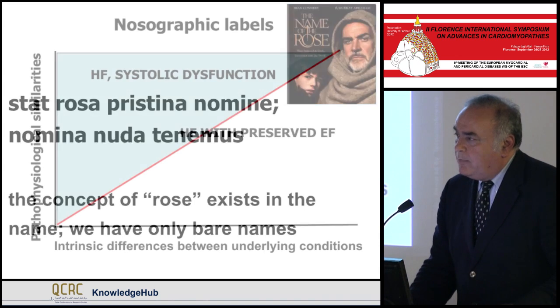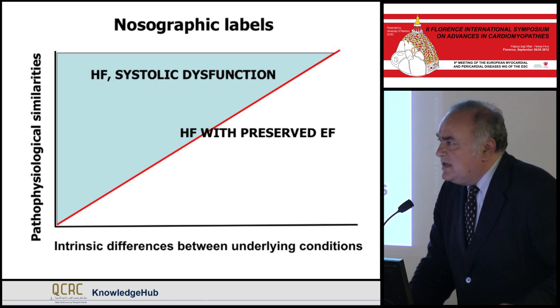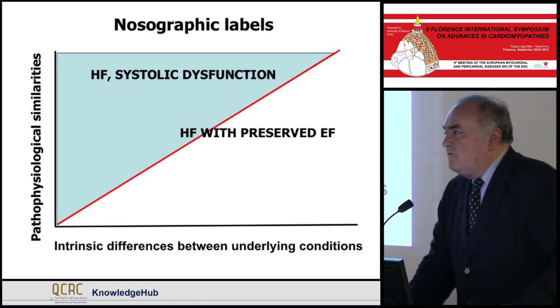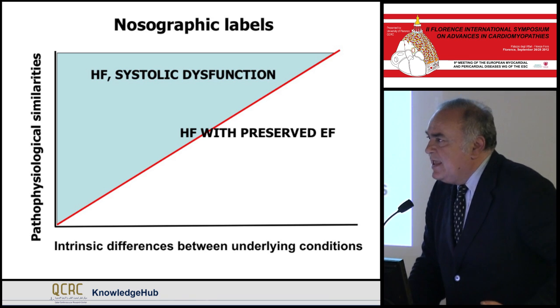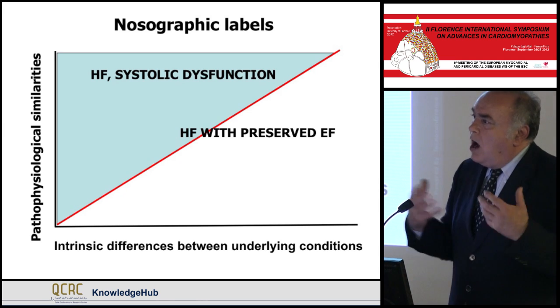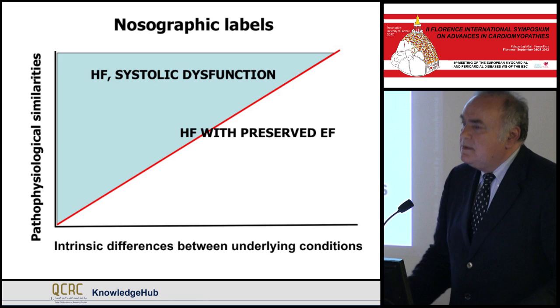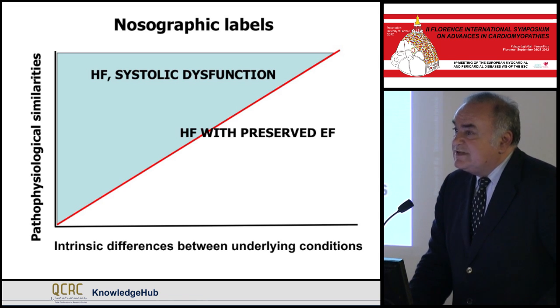For example, if you are really convinced that an entity named heart failure with preserved ejection fraction exists, and this pathophysiological label is stronger than the differences between individual patients, we can produce some damage.